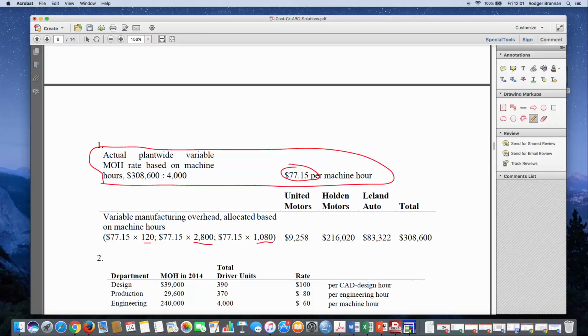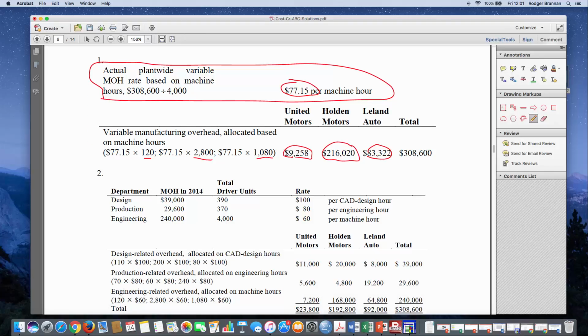So you can see the biggest chunk of the overhead is going to be allocated to Holden because they're consuming more of the machine hours, less to Leyland, and very little to United. But again, the problem is, there are other overhead costs that have nothing to do with machine hours. And so that creates a little bit of a problem in terms of, well, did we overcost or undercost these products?